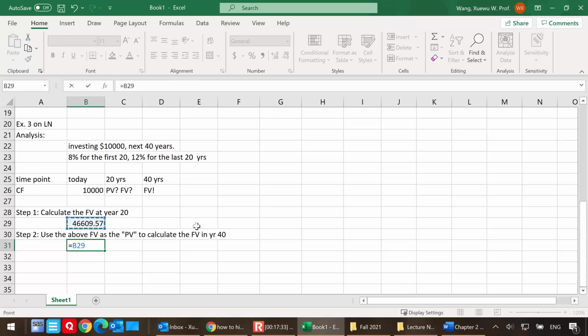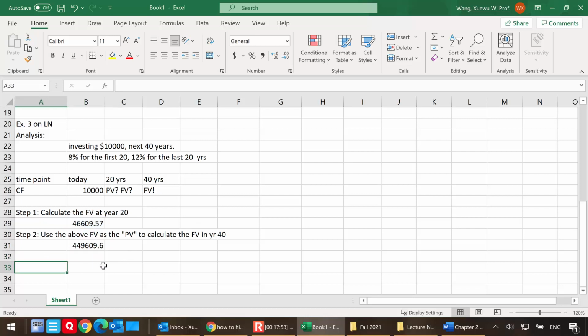That's the present value now multiplied by 1 plus 12% raised to the power of another 20. This way you can find out how much you're going to have at the end of year 40. This is actually 449,609.60. All right, so that is example number 3.